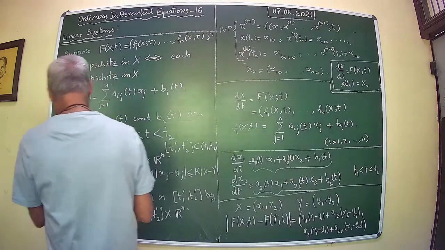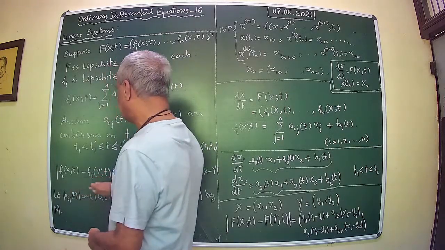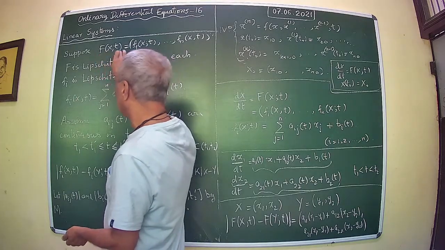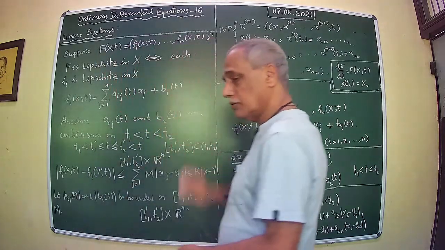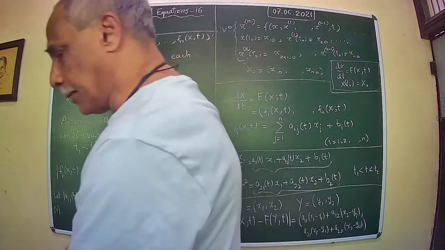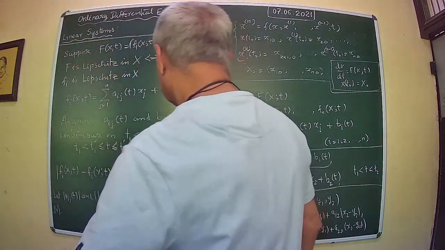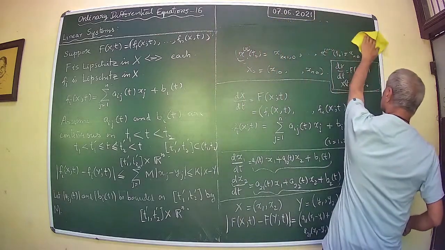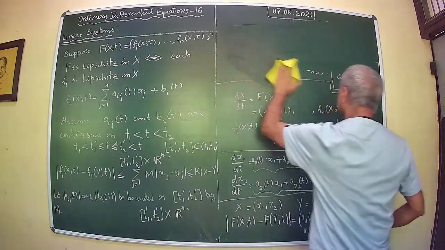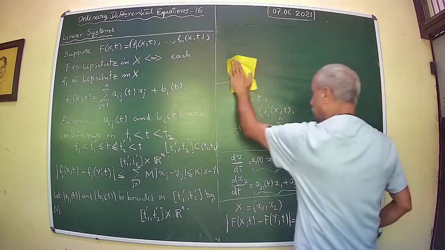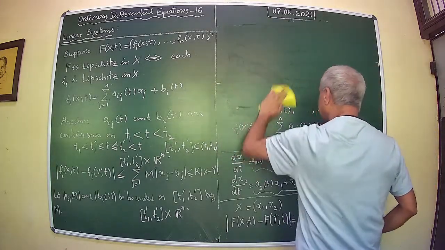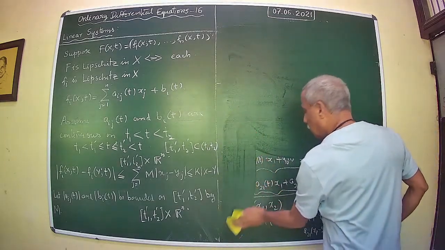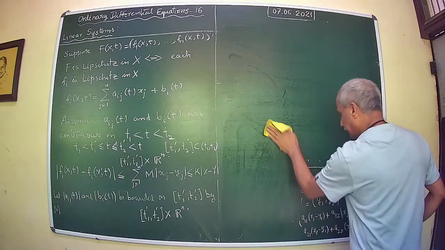Our next step: since each f_i is uniformly Lipschitz, you can conclude that capital F is uniformly Lipschitz. Now apply the theorem. It follows that every solution of the initial value problem is defined on the whole interval t1 prime to t2 prime.